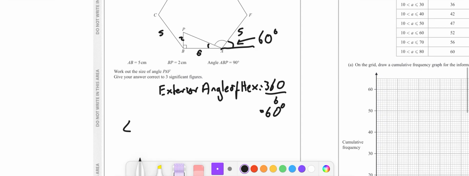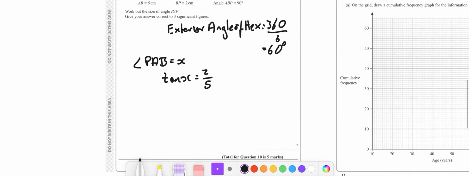So angle PAB, let's call that X. So I know that I've got the opposite and the adjacent, so I know that tan X equals 2 over 5. So I know that X is tan to the minus 1 of 2 over 5, which is 21.8 degrees.